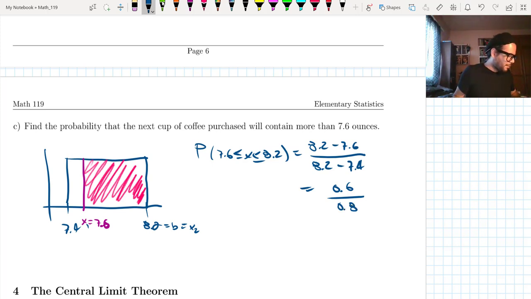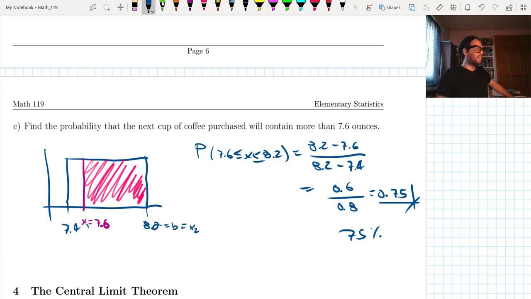So this reduces to 0.75, which is actually 75%. Look at the portion of the graph that we plotted, actually, that represents that big amount, 75%.